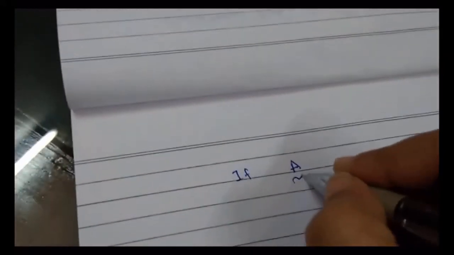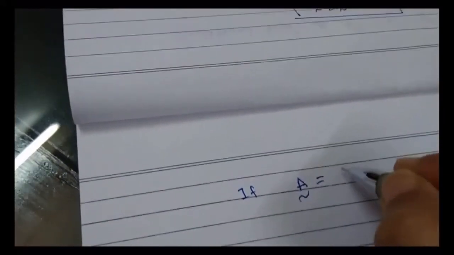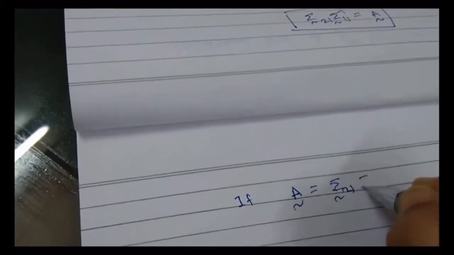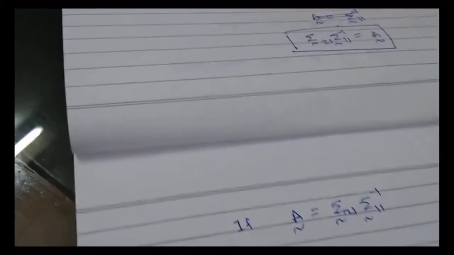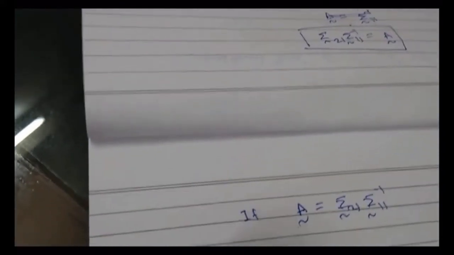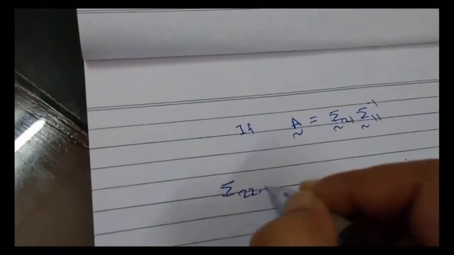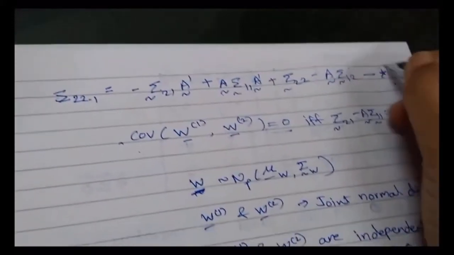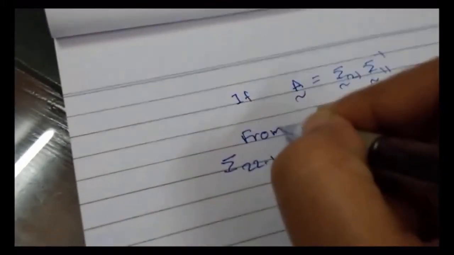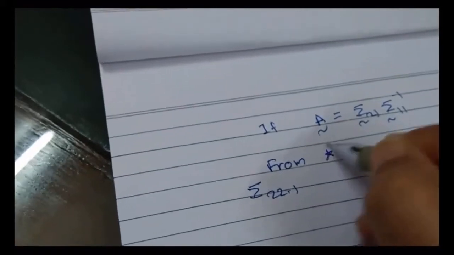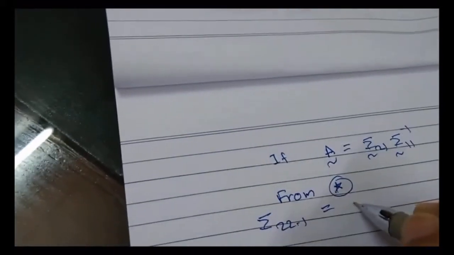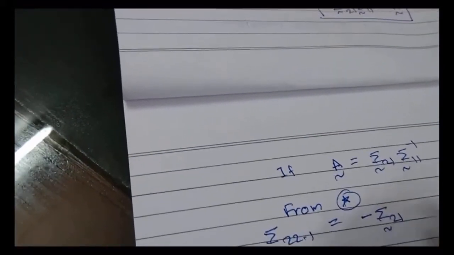So let us use that. So if A is equal to sigma 21 sigma 11 inverse, then what happens? Then my sigma 22.1, which was here, so let me give a number star here. So from star, what do I get? I get sigma 22.1 as minus sigma 21 A prime.